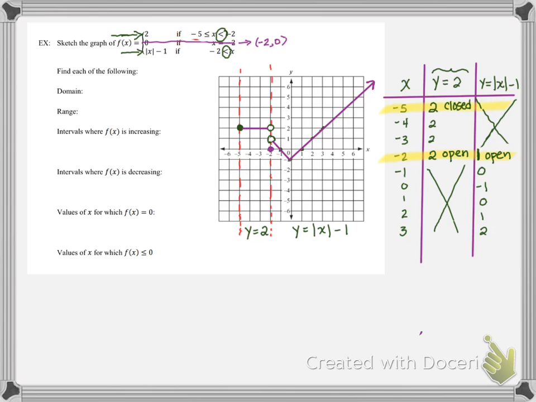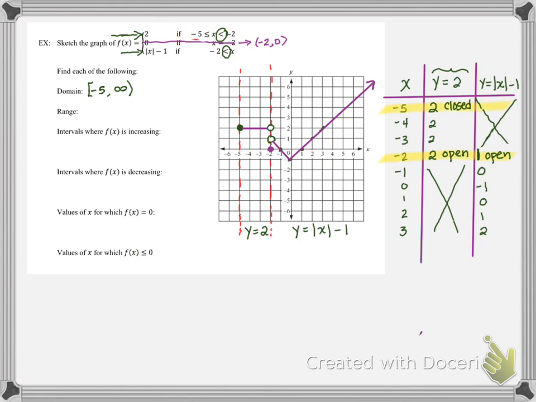We have a couple minutes. Let's just talk real quick about domain and range. What's the domain of this function? Negative 5, which we're including because we have a closed point there, and then all the way up to infinity.